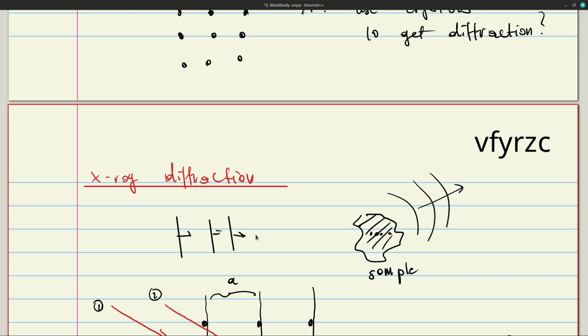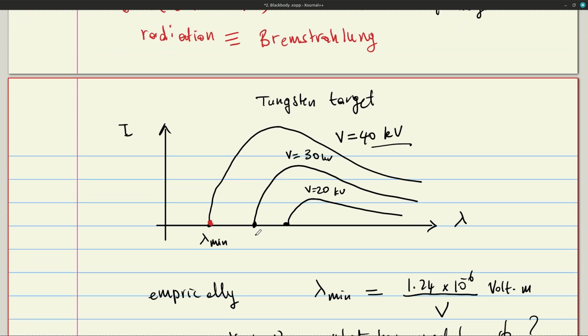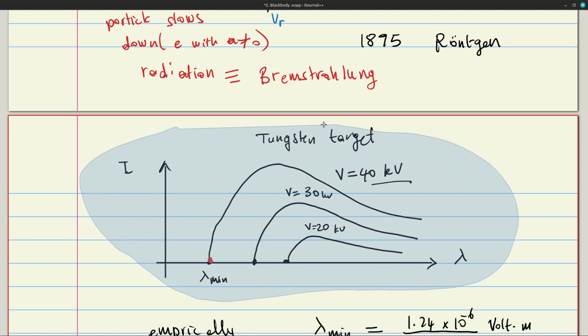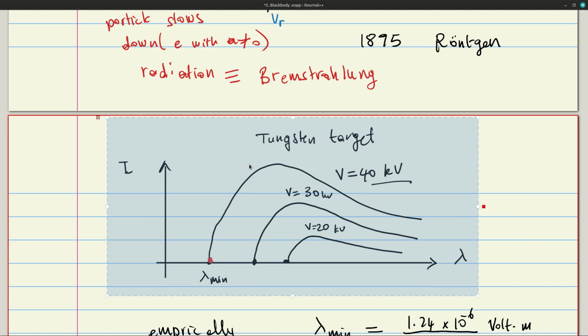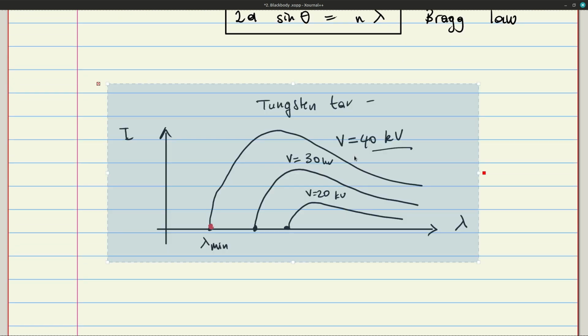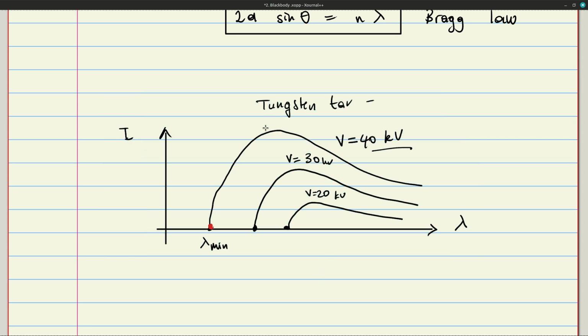However, there is one more thing. When you do the experiment with tungsten, you are going to have this. But when you do the exact same experiment with not tungsten, but say molybdenum, let's forget about all of these.